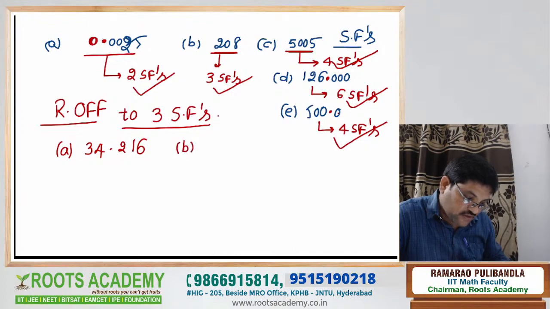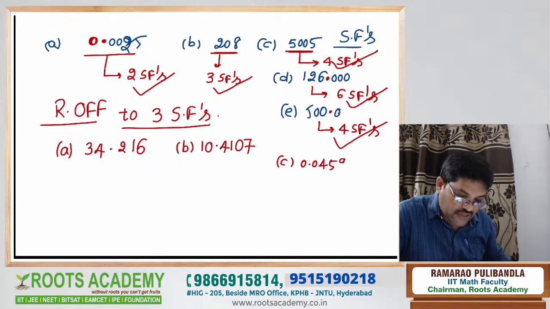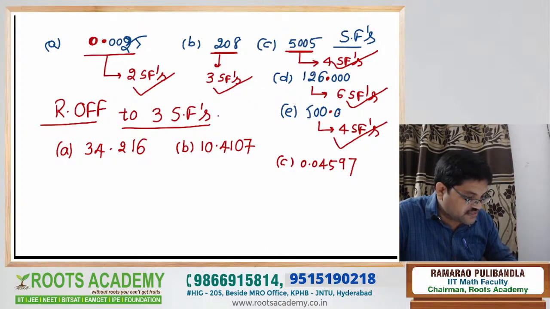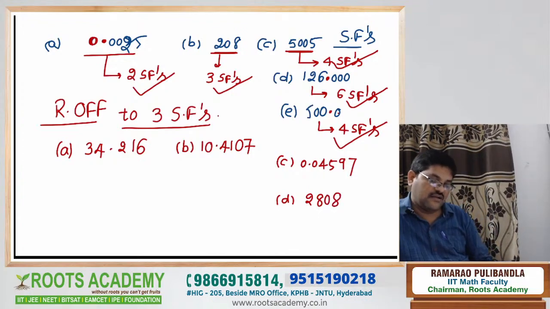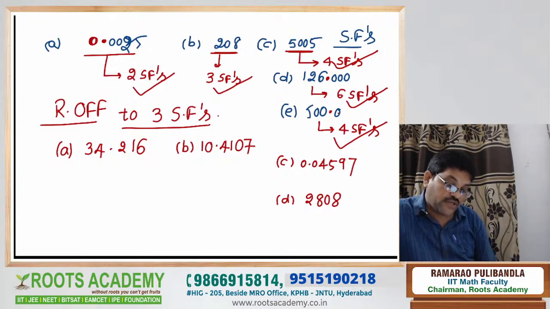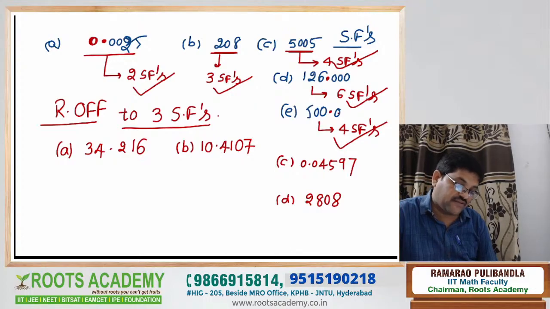B is 10.4107. C is 0.04597. And D is 2808. The question I am asking is to round off to 3 significant figures.